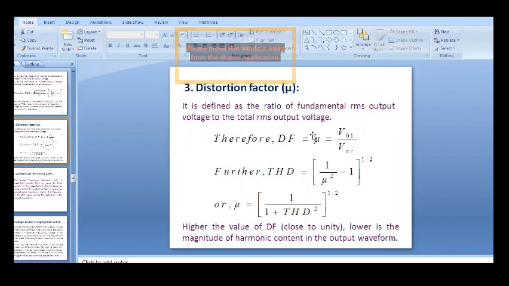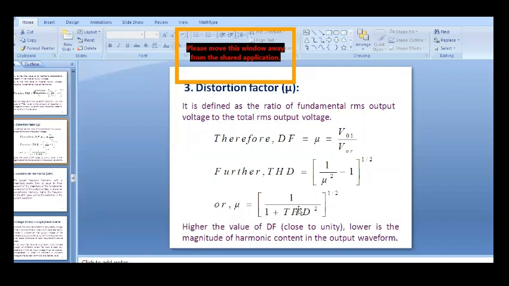If you replace using mu, you can write one divided by the square root of mu square minus one. And mu we can relate as mu equal to 1 divided by the square root of 1 plus THD square. Actually, this is the relation between the distortion factor and the total harmonic distortion.